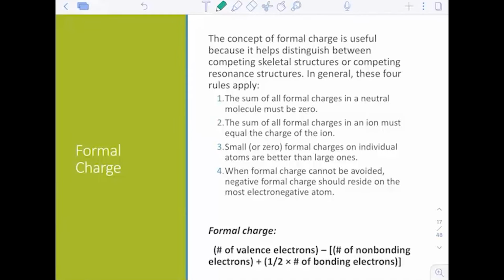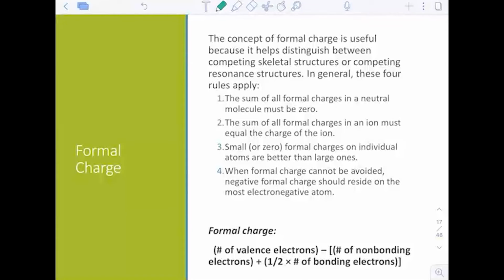Overall charges of +1, -1, +2, -2. We tend to see smaller charges. +1s and -1s are very common. If you start seeing the +2s and -2s, then you might have done something weird. But overall, formal charges should equal the charge of the overall molecule.